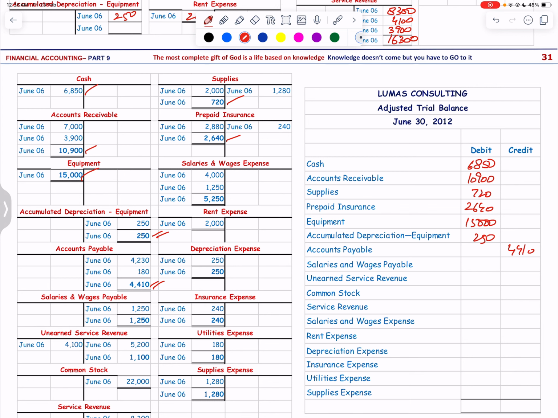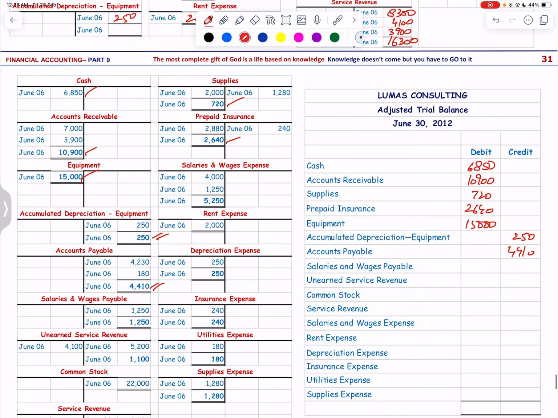Accumulated depreciation will be in the 250. Salaries and wages payable is 1250. Unearned service revenue is 1100. Common stock is 22,000.